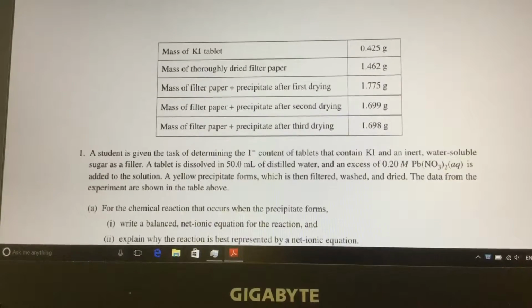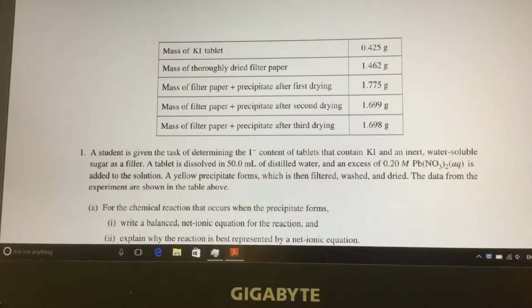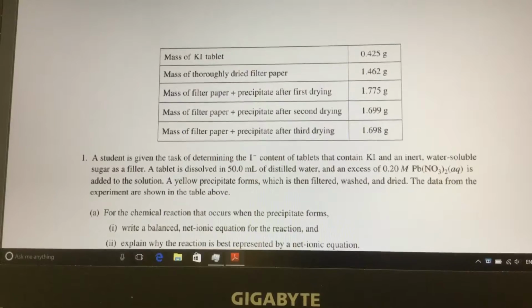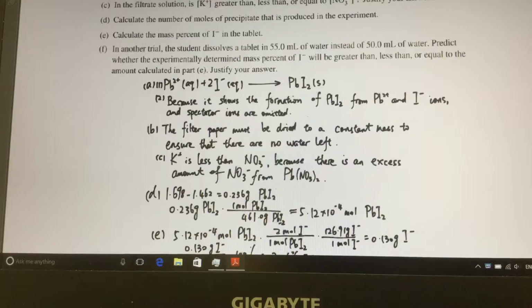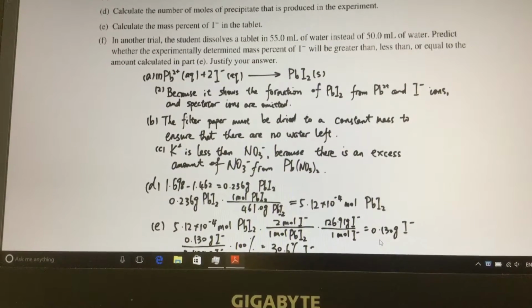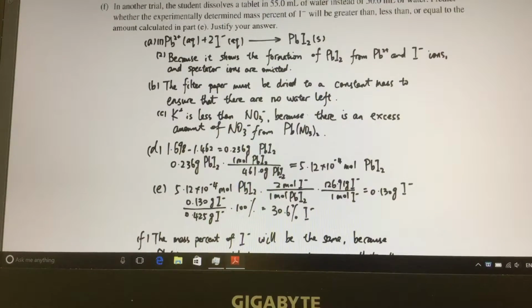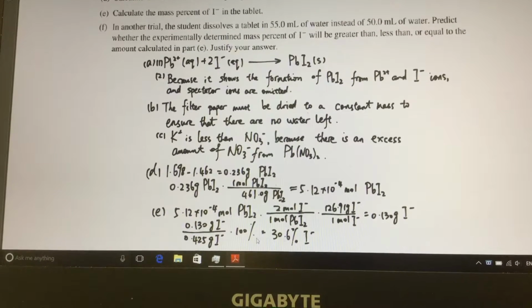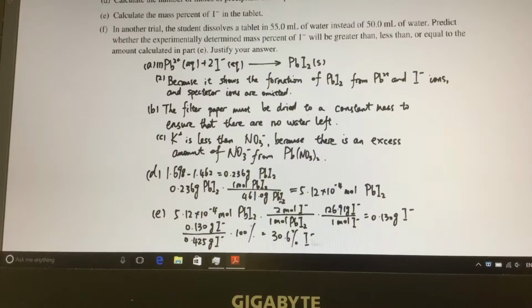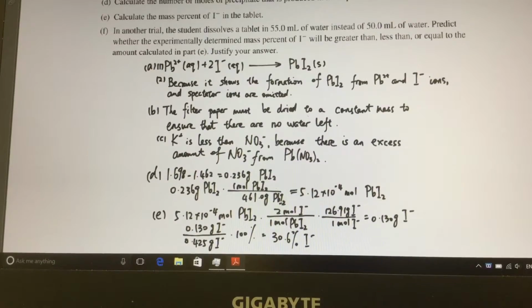And then we see here there is 0.425 grams total of KI. So we divide the result, which is 0.130, by 0.425 times 100%, and we get 30.6%. And actually, this is KI. This is a mistake I just wrote.